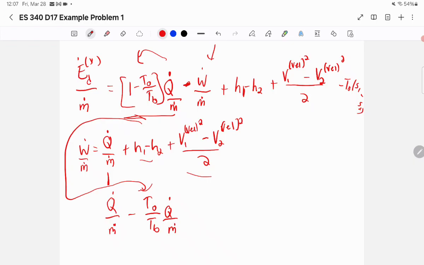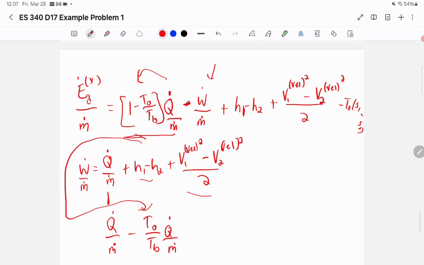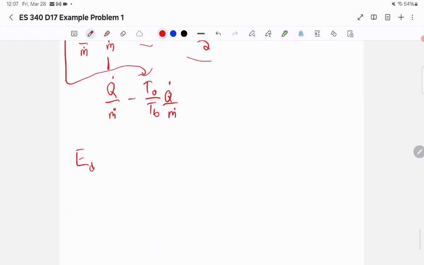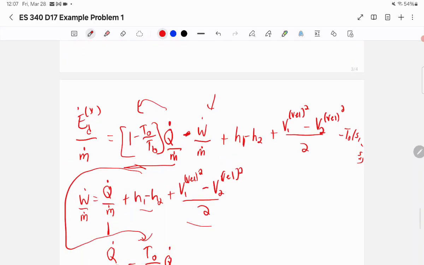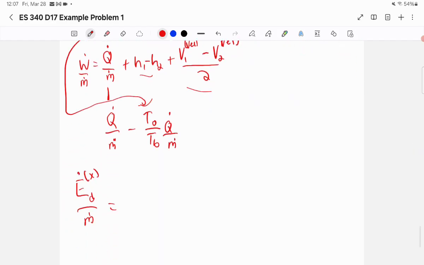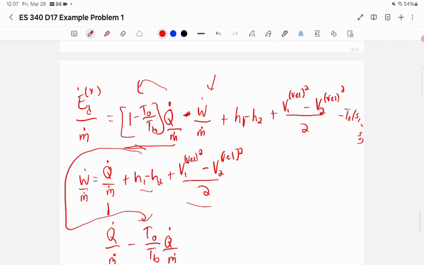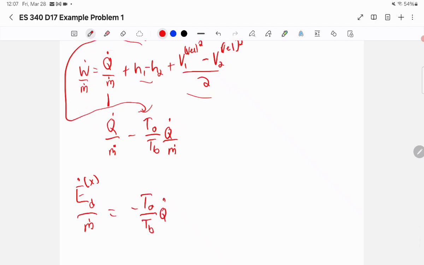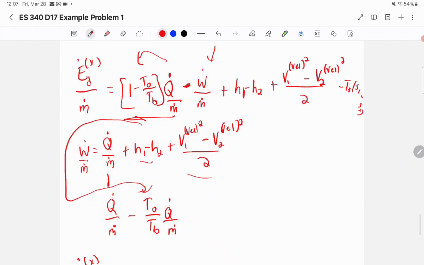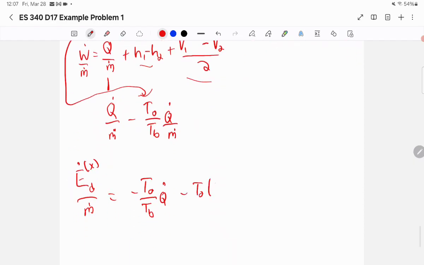So that simplifies my Ex_D dot over M dot. You could have kept all of the numbers and substituted them in, but it's nice sometimes to simplify the equation. This is going to be equal to minus T0 over T_B Q dot. All of the rest of the terms except for the minus T naught times s1 minus s2 get canceled out, so that's what I'm left with.